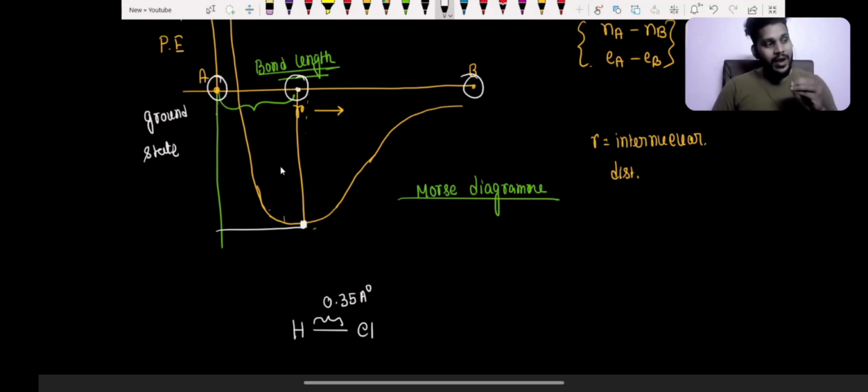It is somewhere here in this level, and in that level, the atom is not really static. Even in the minimum energy level, because of the rotational, vibrational, and translational motion, they are actually moving even in their lowest energy level. I'm going to show you only the vibrational energy level right now, because that is our target.